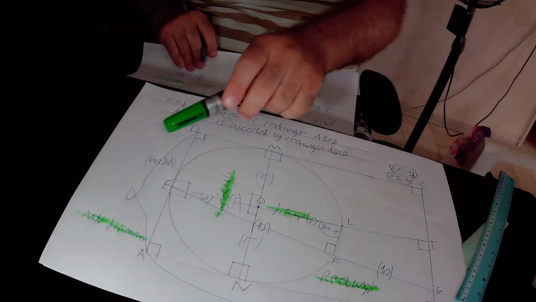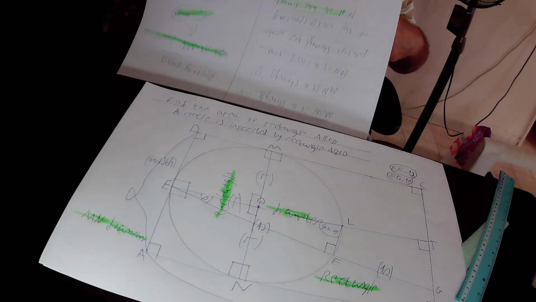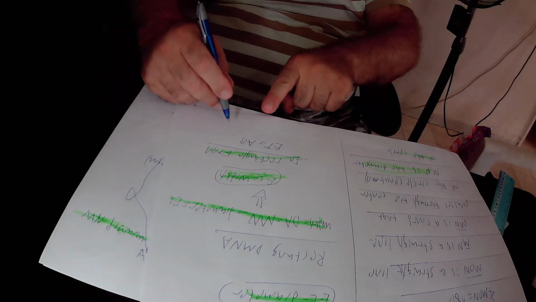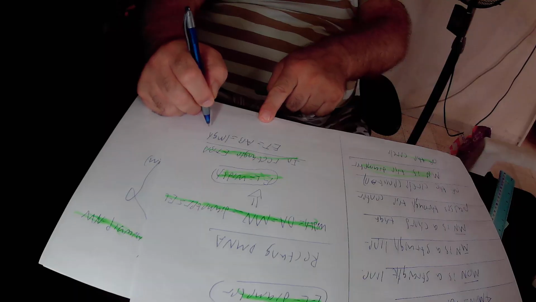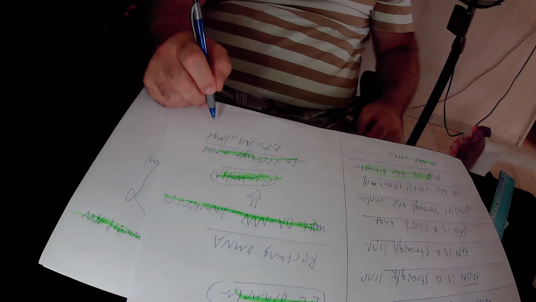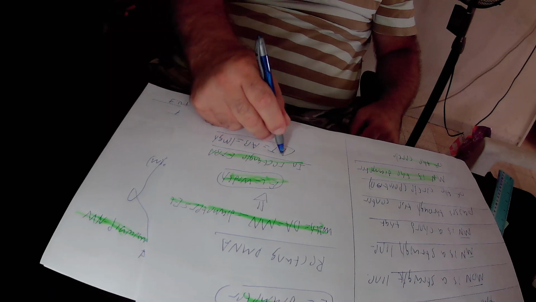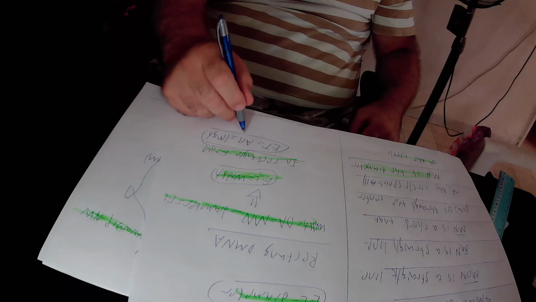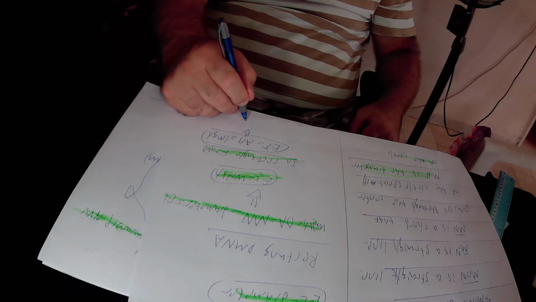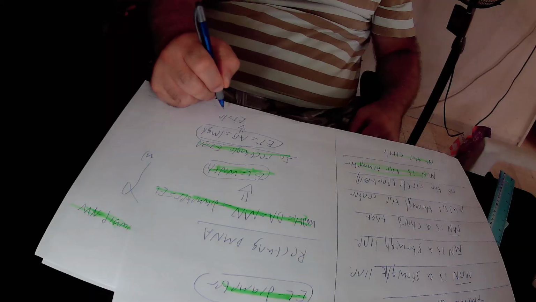But AB is the length of rectangle ABCD. So from the equation ET equals AB, equals the length of rectangle ABCD, we will derive that ET is also the length of rectangle ABCD.